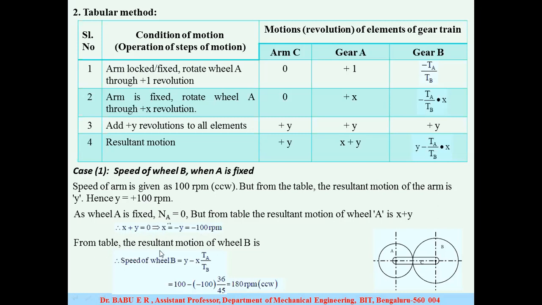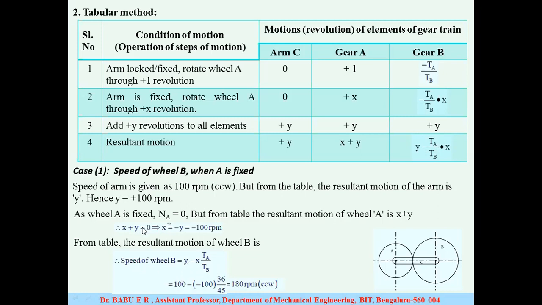Now from the table, the resultant motion of wheel B. We have to find out the speed of wheel B. From the table, the speed of gear B is y minus TA by TB into x. So the speed of wheel B is equal to y minus x times TA by TB.